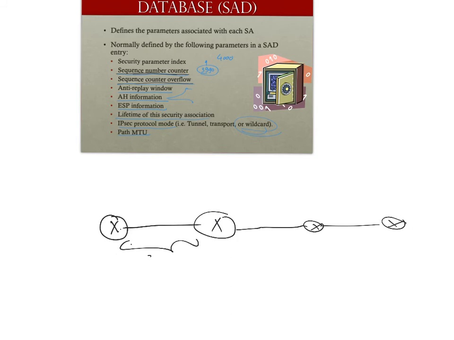So if you have, for example, Ethernet, using a maximum transmission unit of, does anyone remember? 1500 bytes. This is the maximum transmission unit for Ethernet. And this router connects this network with another network, and this network happens to be wireless, and the maximum transmission unit is like 500.